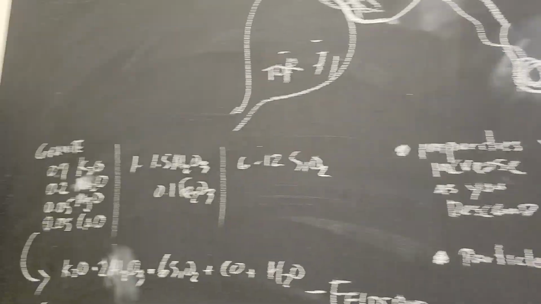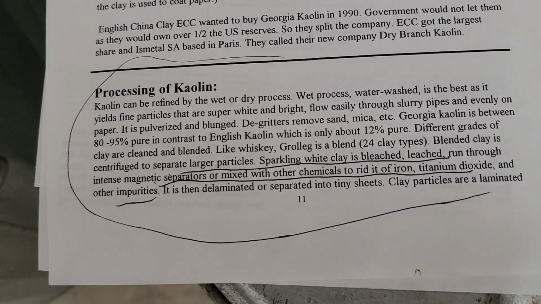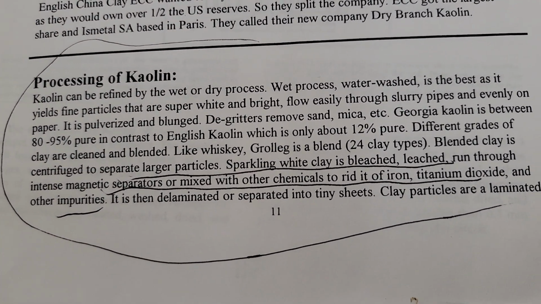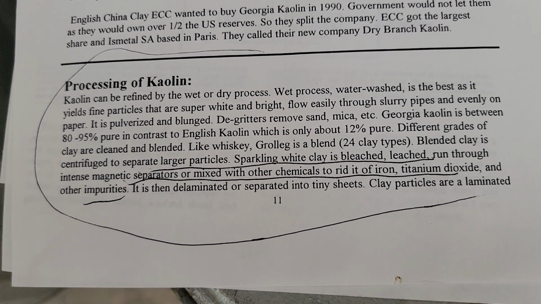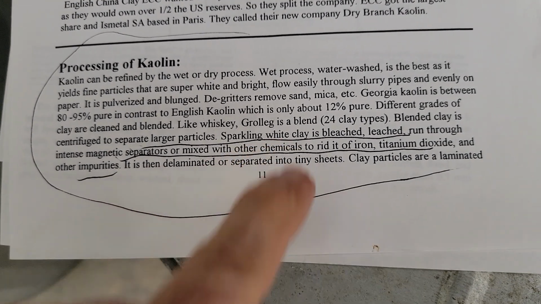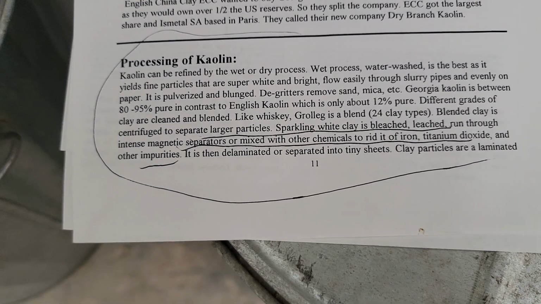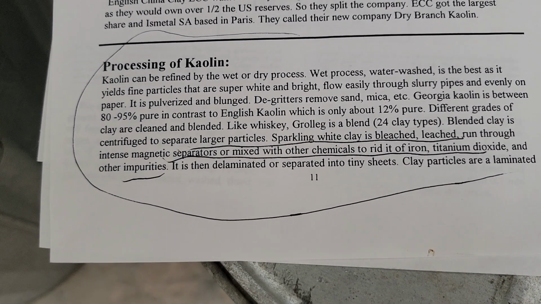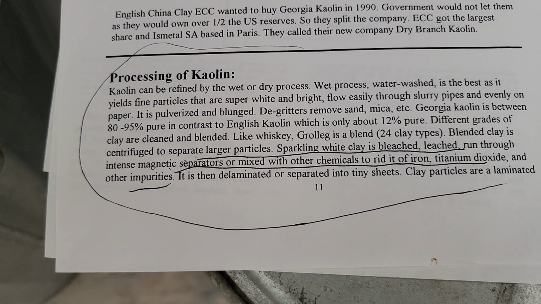Let me see. I think I had something here to talk about the processing of kaolin. So one thing to know is that it's not just dug out of the ground and then used. A lot of times it is bleached, leached, and run through a magnetic separator to take out iron. And it might be mixed with other chemicals to get rid of iron, titanium, and other impurities.